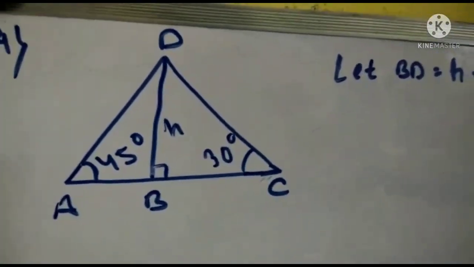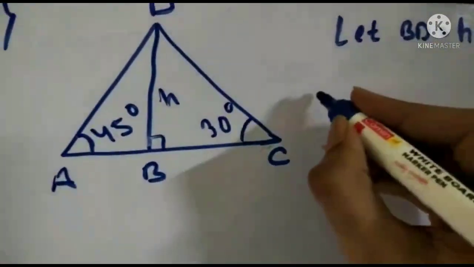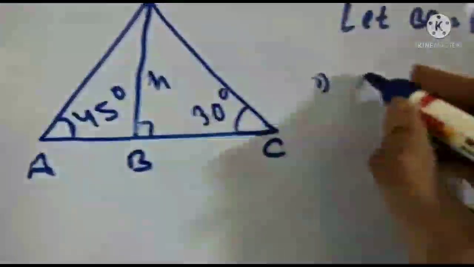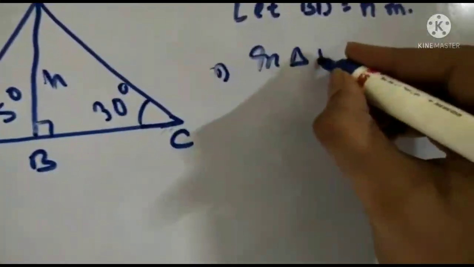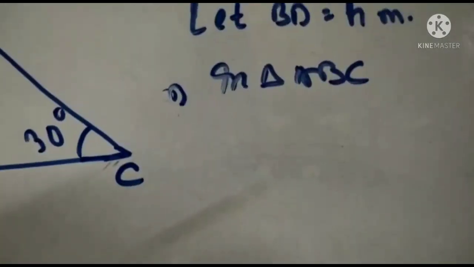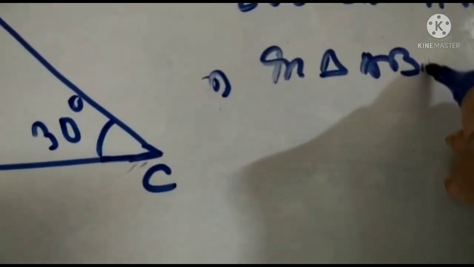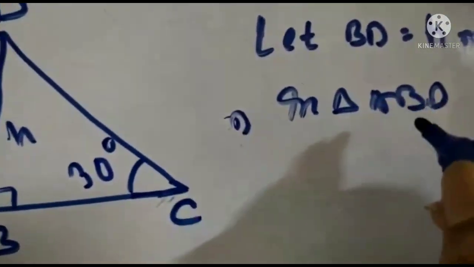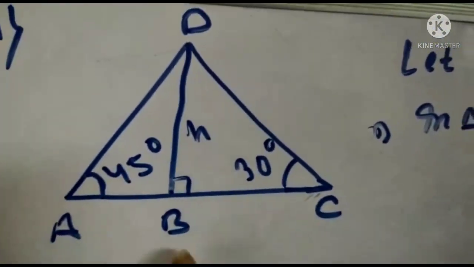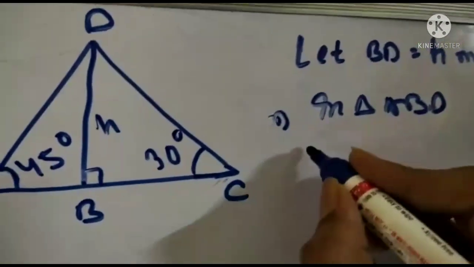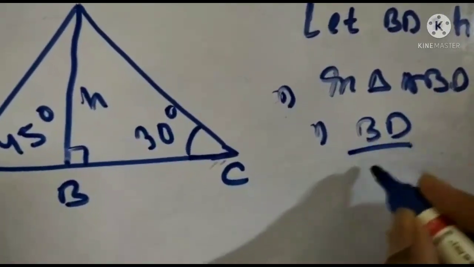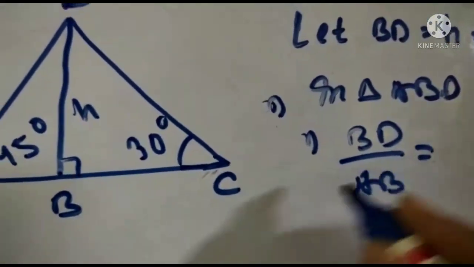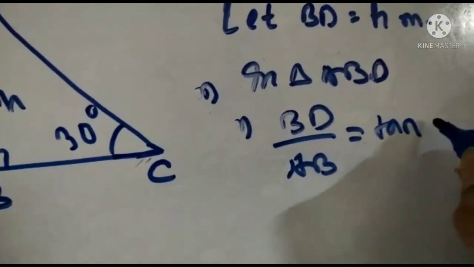Now see, BD by AB means perpendicular by base. In triangle ABD, BD by AB is equal to perpendicular by base, which means tan 45 degree.